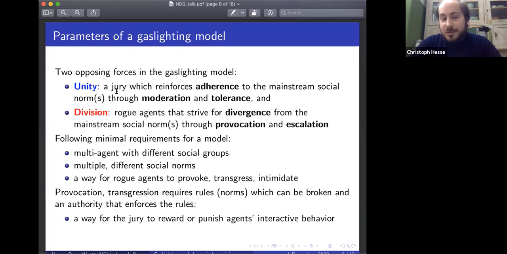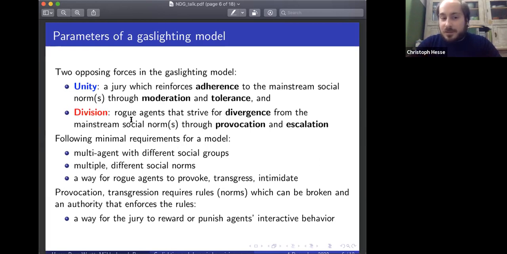And that's the jury that I'm going to be talking about. So the idea here is very similar to a court setting, that whoever is interacting, there's always bystanders in the simulations, and these bystanders judge the behavior of the two agents interacting. So that's the idea of the jury here.